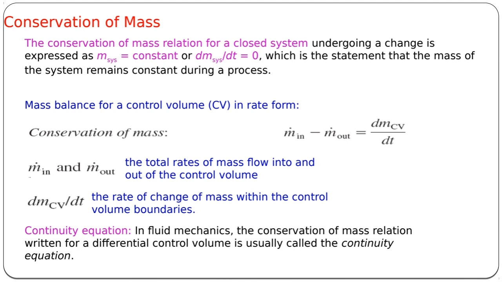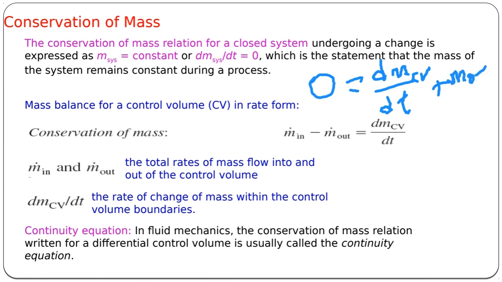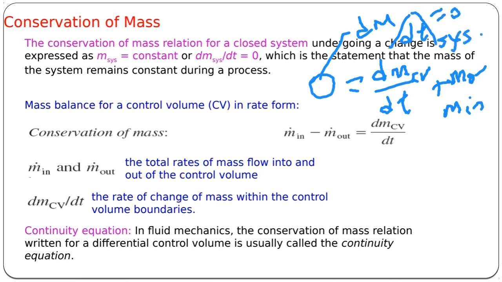Then you have dm cv dt, which is the change of the mass within the control volume, plus m out minus m in. Because dm dt is zero for the system, because the mass of the system is constant.